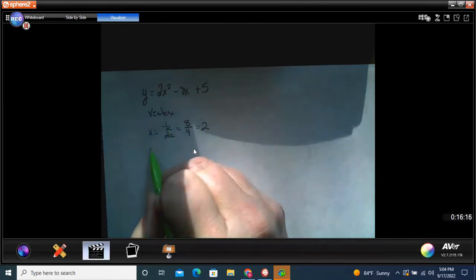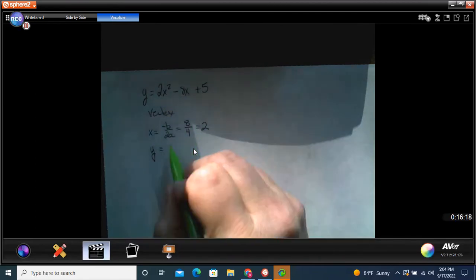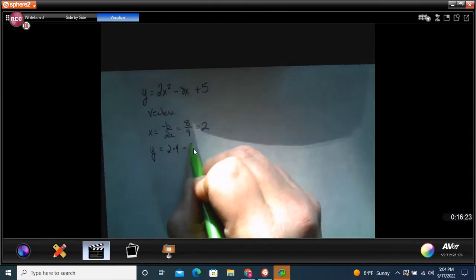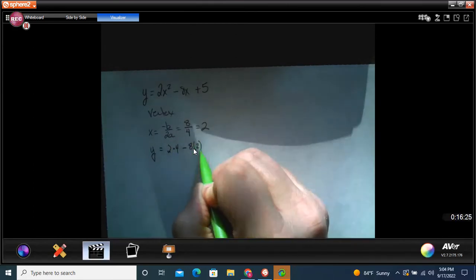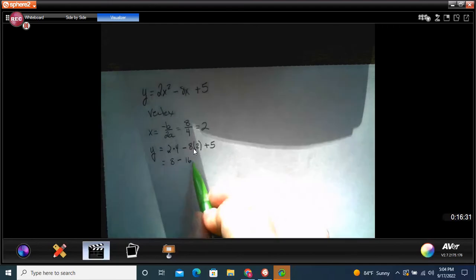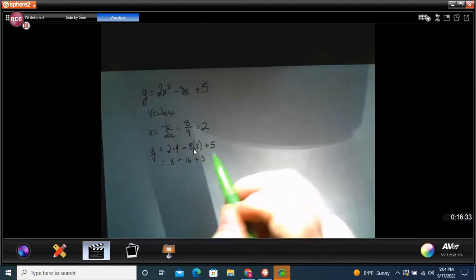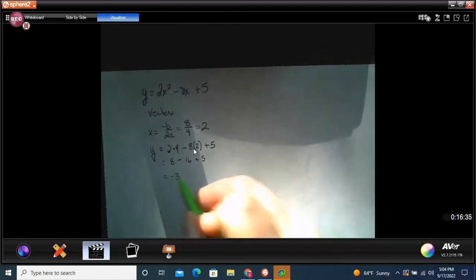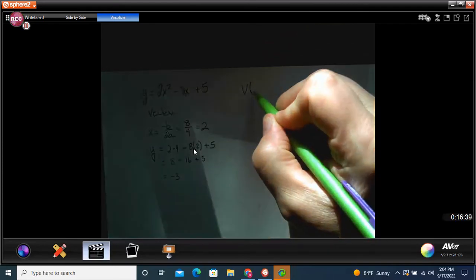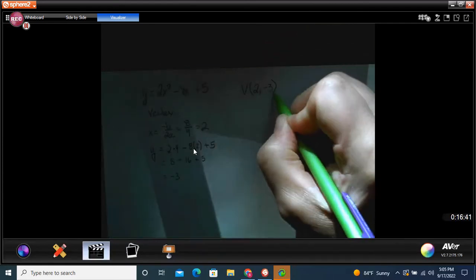And then I plug that in to my original equation. So I'm going to have 2 times 4 minus 8 times 2 plus 5. Let's see, that's going to be 8 minus 16 is negative 8 plus 5 is negative 3. So my vertex is 2, negative 3.